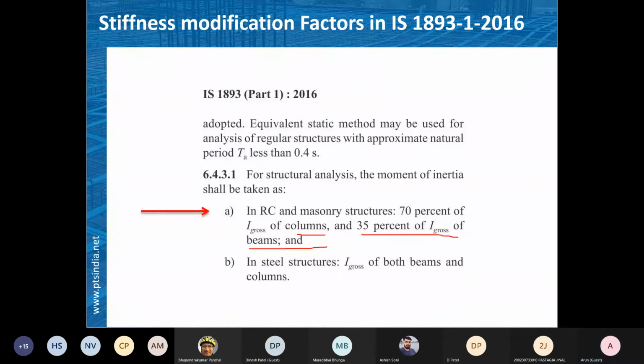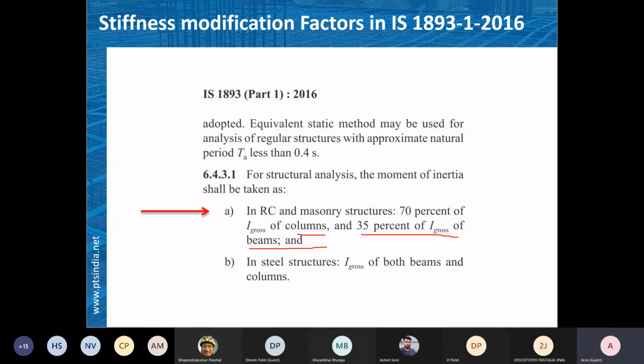Now, 70% for the column is okay, because the column already has the pre-stressing action on it, and it is confined, and pre-compression is already there by virtue of the self-weight, so it is already compressed. Whereas in RC beams, generally they do not have that kind of pre-compression mechanism. That is why the code suggested going with 35%, or you can say 0.35 of I gross. So it is coming very low actually.